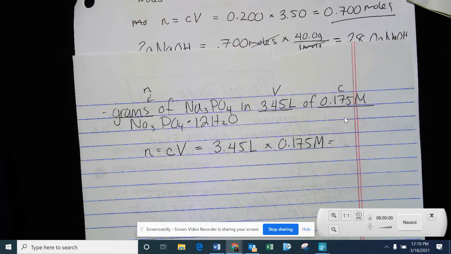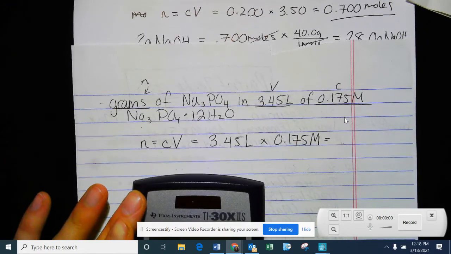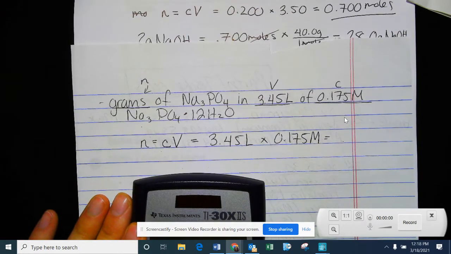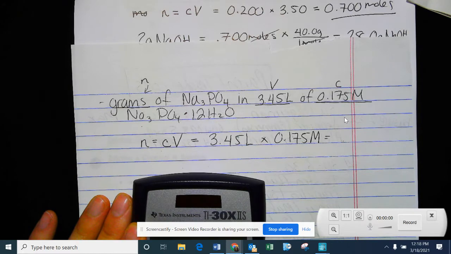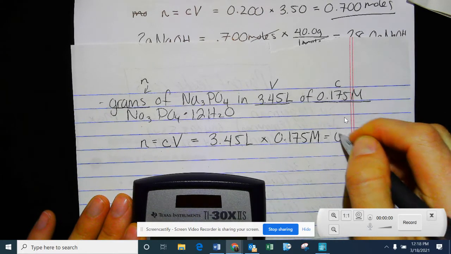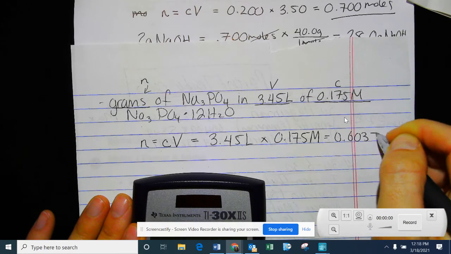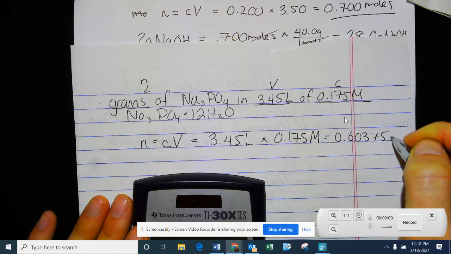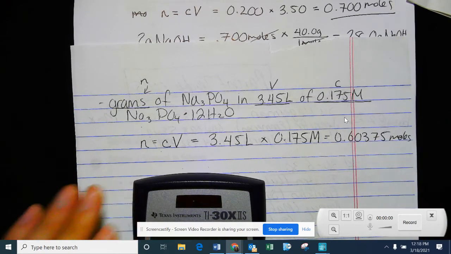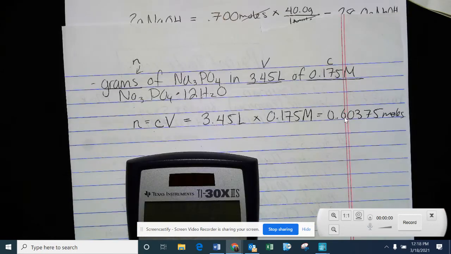Okay, calculator is struggling. There we go. 3.45 times 0.175. Okay, 0.60375 is what I got here. So that's how many moles are in this solution.